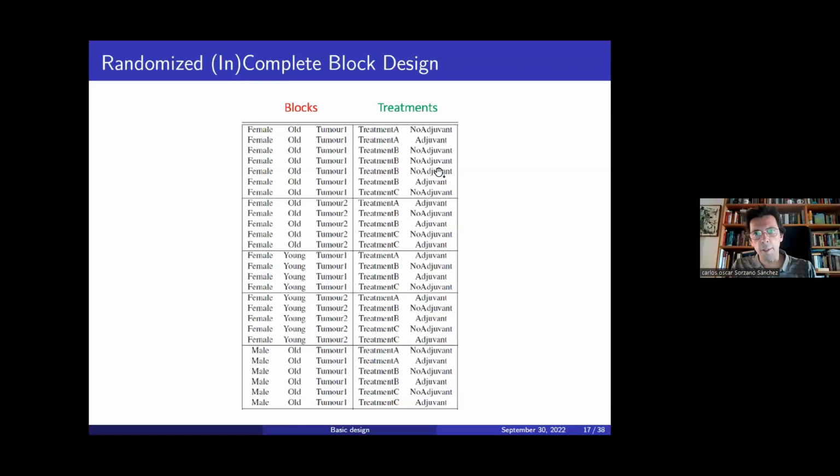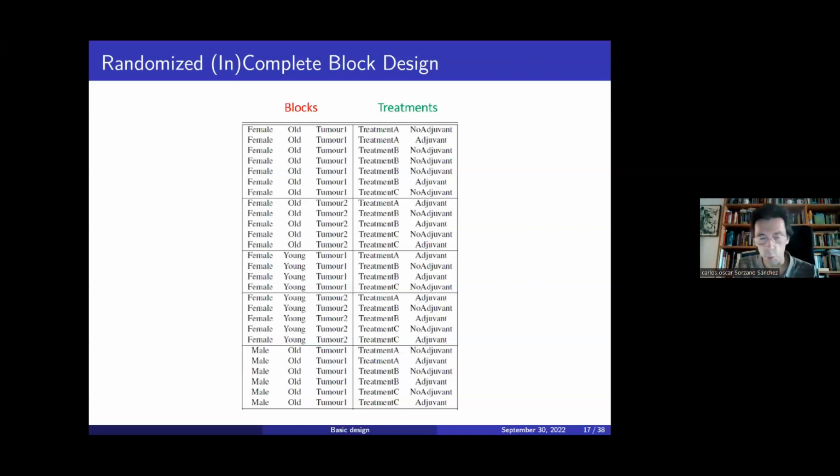These groups don't need to be of the same size. You see, for instance, here with tumor 1, there are more than with tumor 2. And the number of treatments doesn't need to be the same either. If all the blocks have the same size and the same number of treatments for each one of the blocks, then that design is said to be balanced.